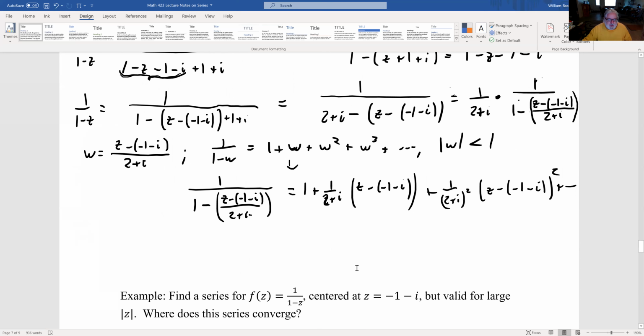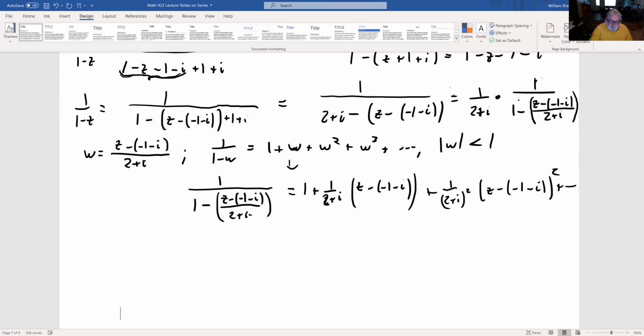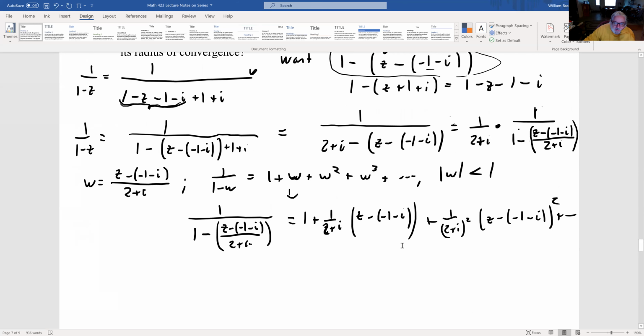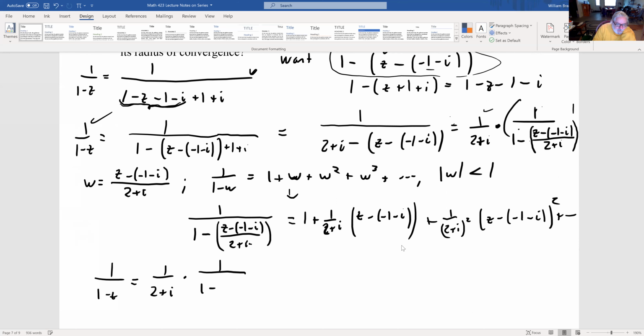Great. So have we done yet? No, we haven't. We want 1 over 1 minus z. We've got this part done, but to get 1 over 1 minus z, we have to multiply everything by 1 over 2 plus i. So 1 over 1 minus z is equal to 1 over 2 plus i times this thing.